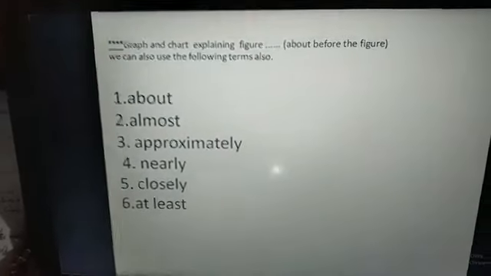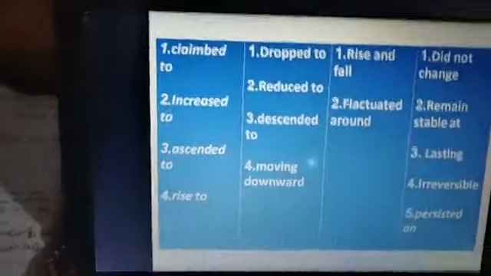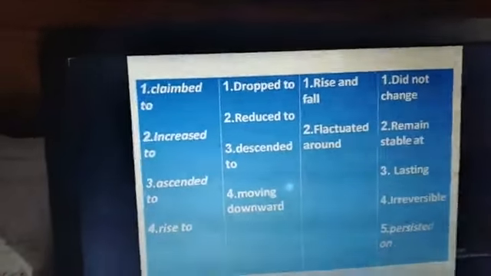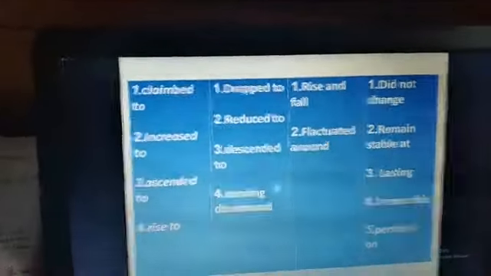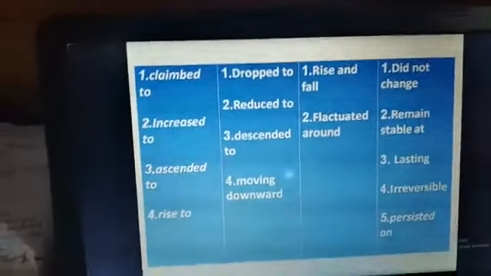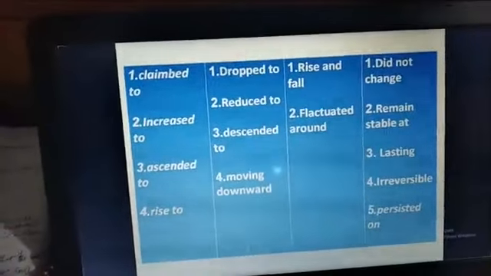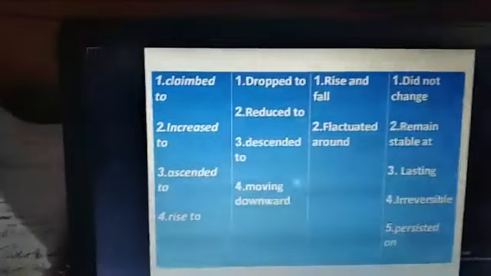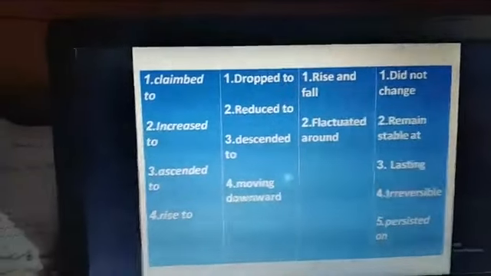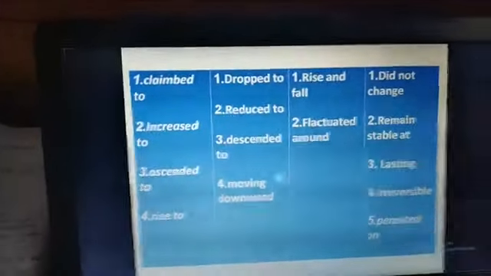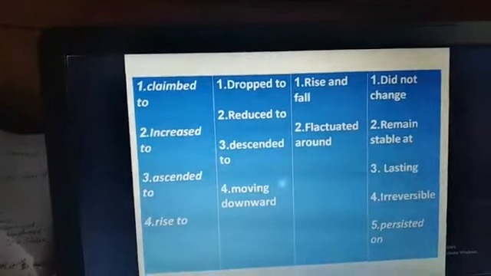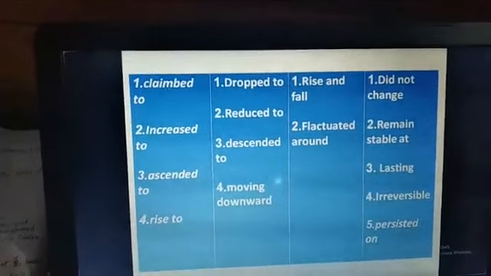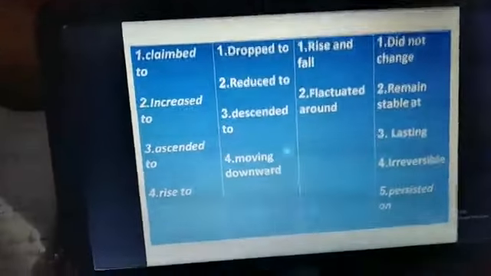At that point, about, almost, approximately, nearly, closely, and at least, we will use all these words. In a graph and chart, we find data which may increase, decrease, remain stable, or fluctuate. When it rises, we will use climbed up, increased to, ascended to, rose to.